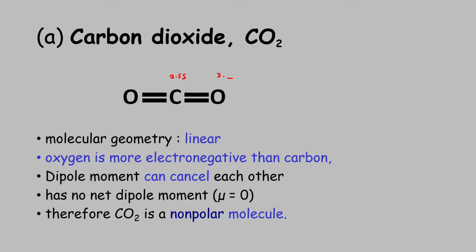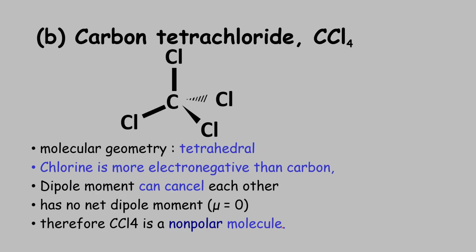Okay, even though this bond is polar, tapi now it cancel out each other sebab molecular geometry dia is linear, it's the basic shape. It cancel out each other, kiri cancel out kanan. It is a vector quantity, so dia ada direction. So it is becoming a non-polar molecule.